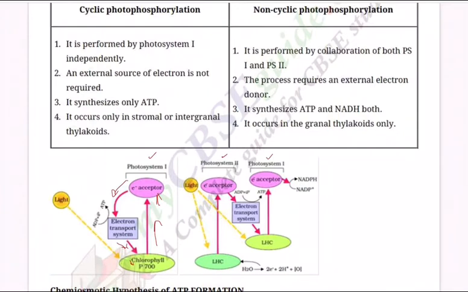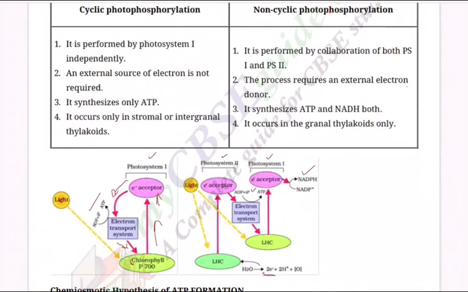Here the process requires an external electron donor. So we require an external electron donor. Cyclic synthesizes only ATP in photosystem 1, whereas here it synthesizes ATP as well as NADPH. So both are there in non-cyclic photophosphorylation.